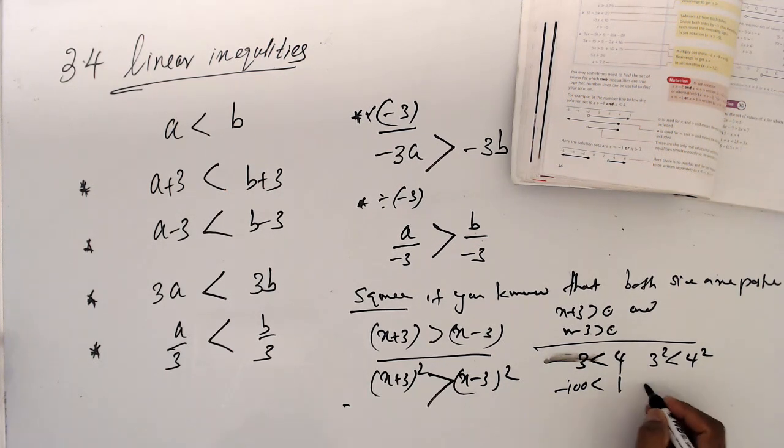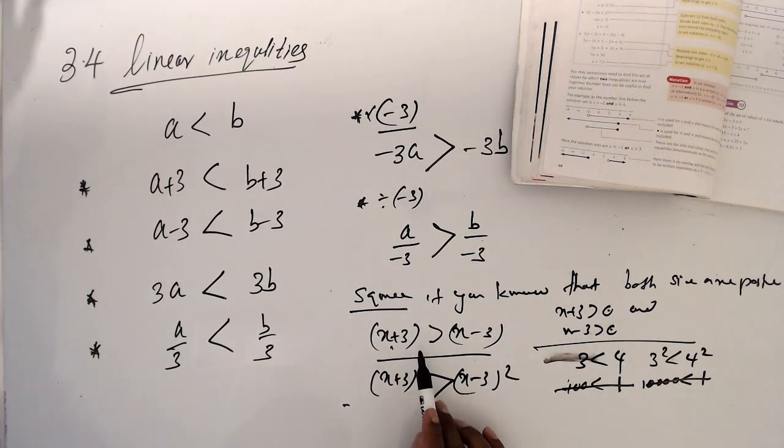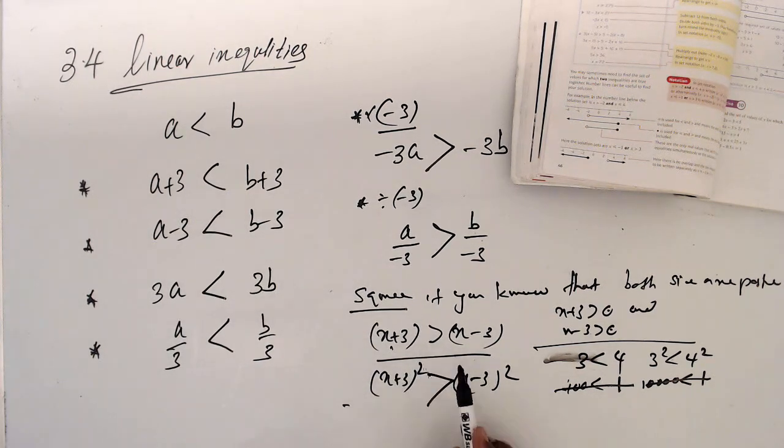But when I square it, 10,000 less than 1, can it be? No. So you have to flip. It means if you don't know the sign of the expression, whether this expression and this one are positive, then only you can square, otherwise you can't.